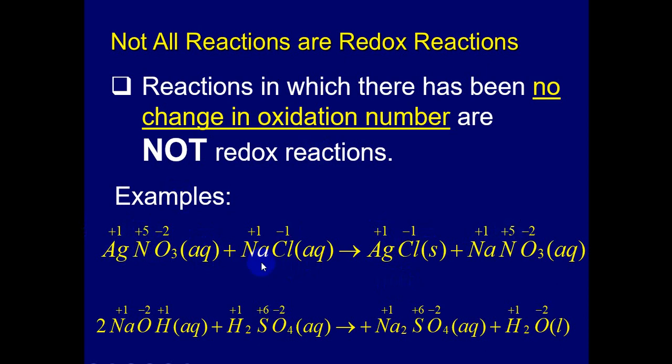Nitrogen plus 5. Chlorine minus 1. Oxygen minus 2. So there has not been any change in oxidation number from reactant to product. So we say that this is not a redox reaction, because there should be a change in oxidation number. The same applies to the one below.